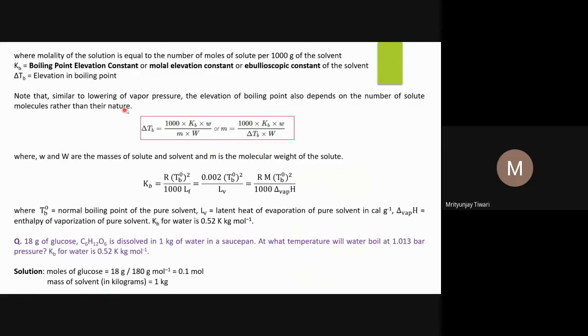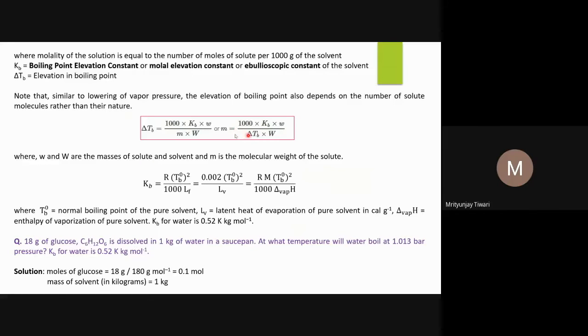Note that, similar to the lowering of vapor pressure, the elevation of boiling point also depends on the number of solute molecules rather than their nature. Similar to the formula we obtained earlier for freezing point depression, we can also obtain the molar mass from this. How it is derived I am not explaining, because I have already explained it for freezing point.